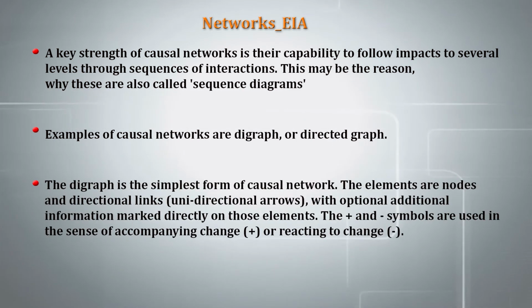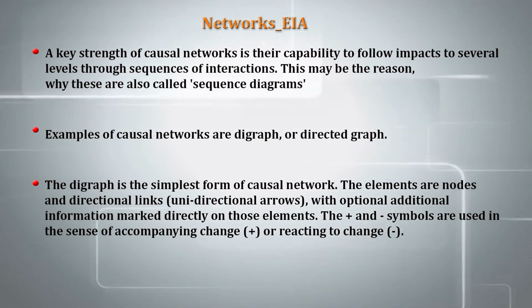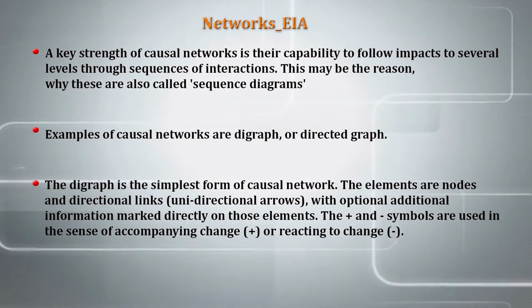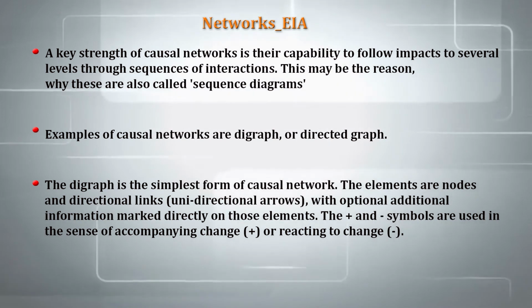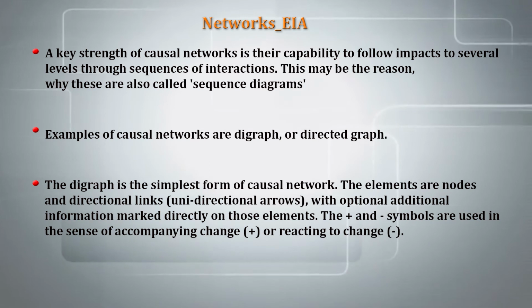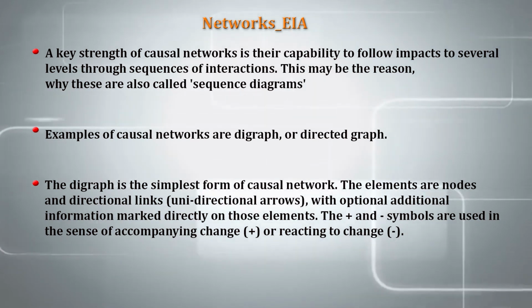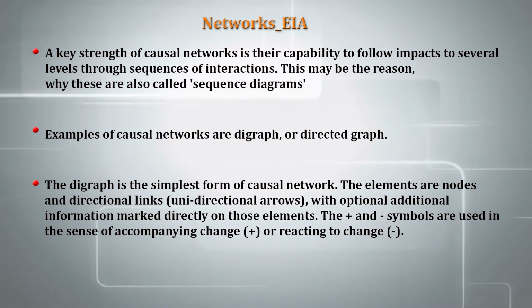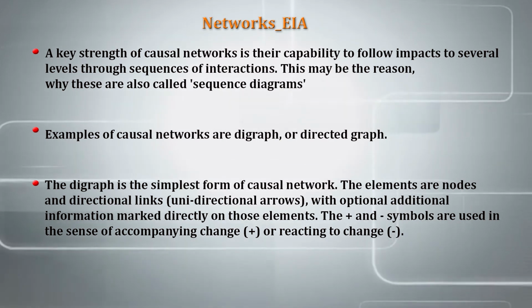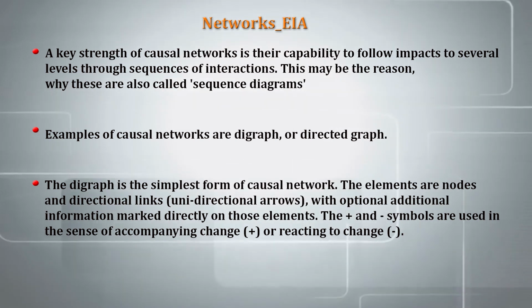The digraph is the simplest form of the causal network. The elements are nodes and directional links, because they are the basic elements of this digraph. The directional links are unidirectional arrows with optional additional information marked directly on those elements. Plus or minus symbols can be used showing a positive change or a negative change.